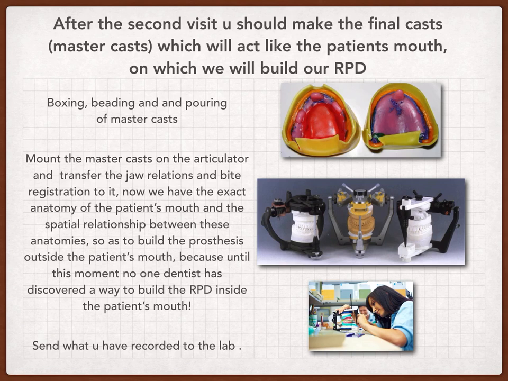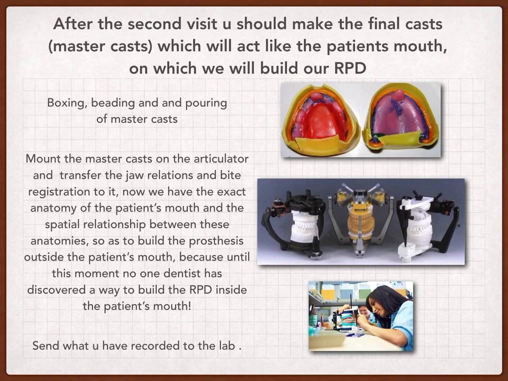After that, we have transferred this to the articulator, and now we have the exact copy of the patient's mouth outside the patient's mouth, so that we can construct the removable partial denture, because until this moment no dentist has ever discovered or developed a way to construct the removable partial denture inside the patient's mouth.